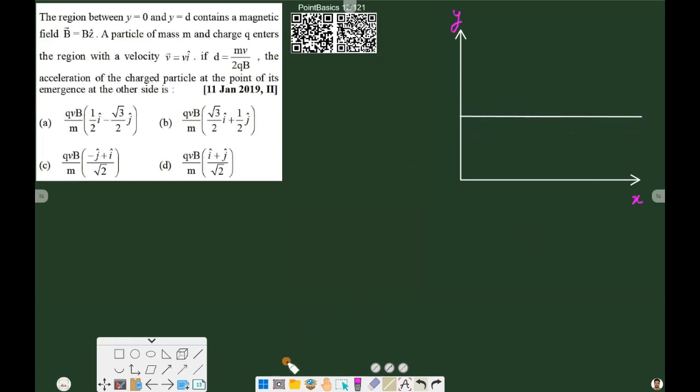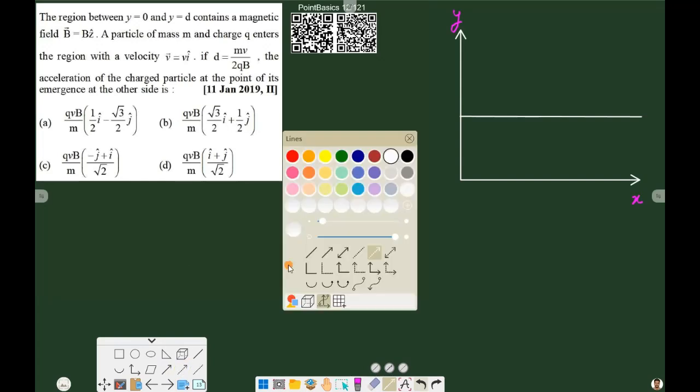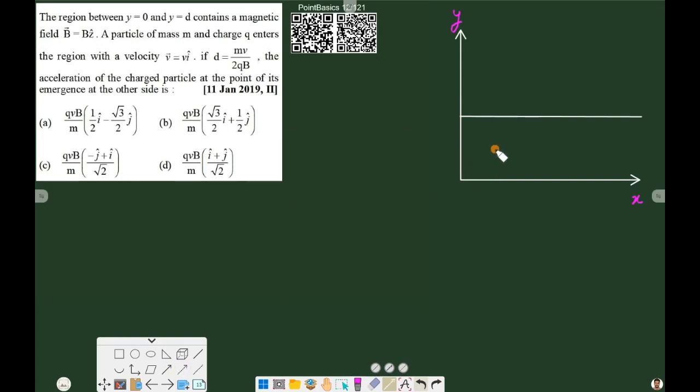And here we have magnetic field going in the z direction. So magnetic field here is something like this. Here we have magnetic field in the z direction. B value is P. Now particle with mass and charge Q enters in the region with velocity.